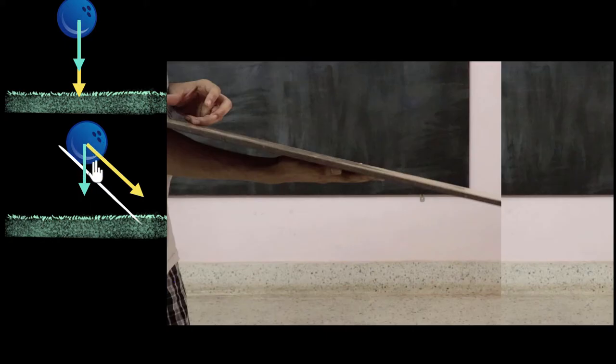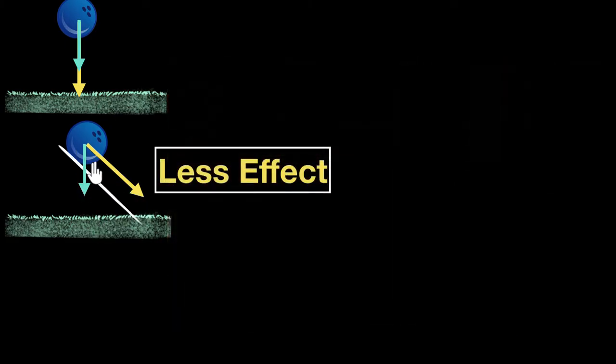Because it's feeling less force and therefore smaller acceleration. So we can conclude that gravity has an effect in this direction, but that effect is smaller compared to the previous one, right? So at an angle, the effect of gravity reduces. So we could say less effect along this angle.